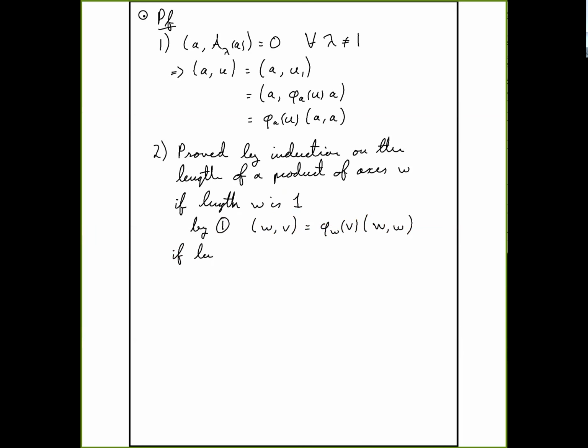And if the length is greater than 1, then I'm going to write W as W1 times W2 again. And my inductive step is going to be the following. So I want to know what this value is.